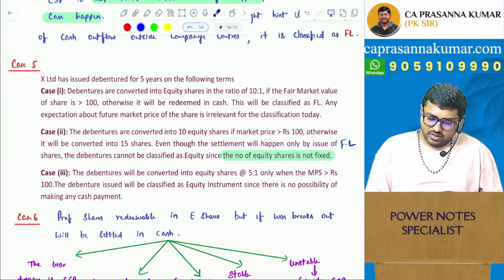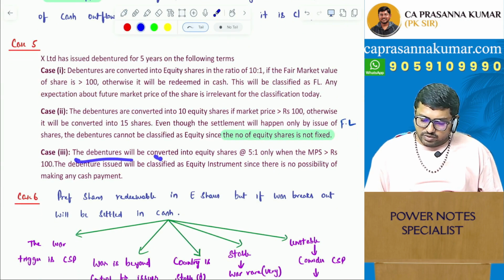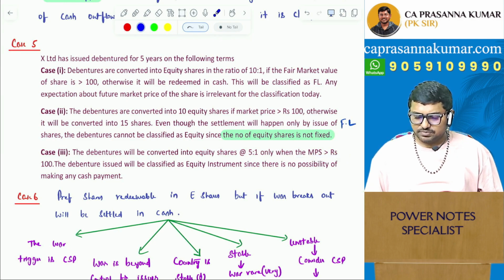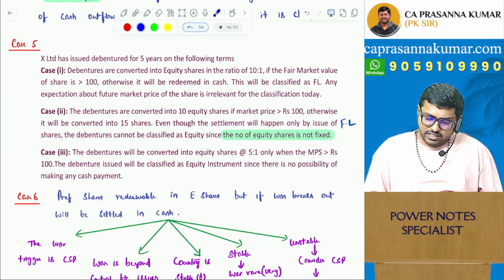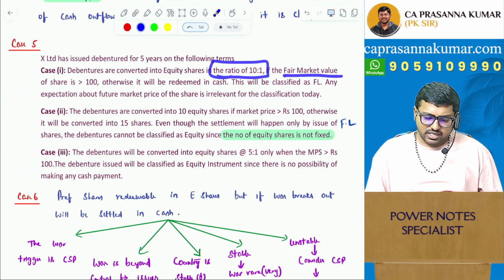Got it? Chalo. The debentures will be converted into equity shares at 5:1 only when the market price of the share is greater than ₹100. The debenture issue will be classified as equity instrument since there is no possibility of cash settlement. Otherwise, there is no such sentence. You see the difference between this and this. Here, equity shares in the ratio of 10:1 if the fair market value is greater than 100.